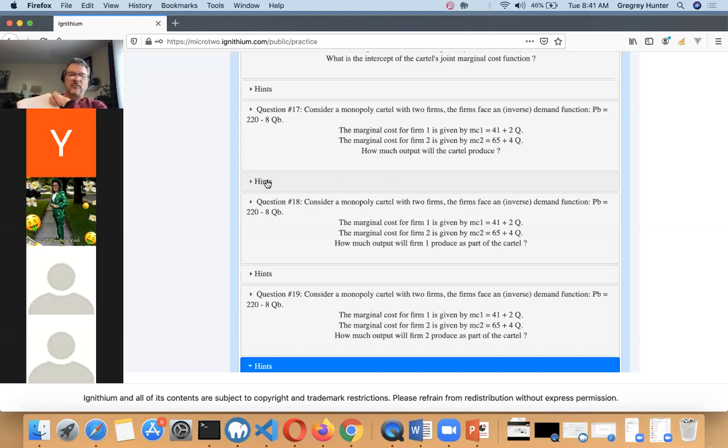You do that by distributing your output between them so that they have the same marginal cost for the last units that they're producing.